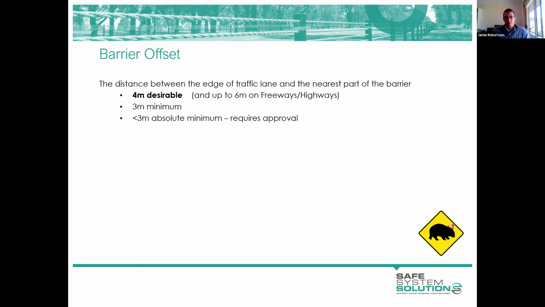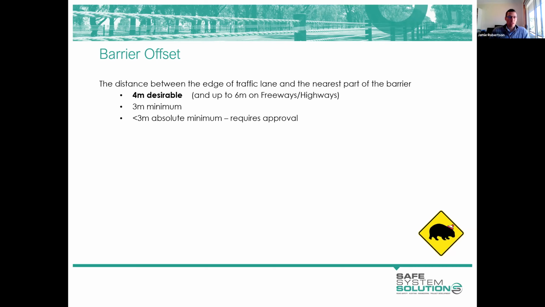And we don't want to encourage undesirable behaviour on the wide roadside, such as people using the shoulder as an additional lane. And we don't want to open up that possibility of rollover as well. So 4 metres is about that nice balance.